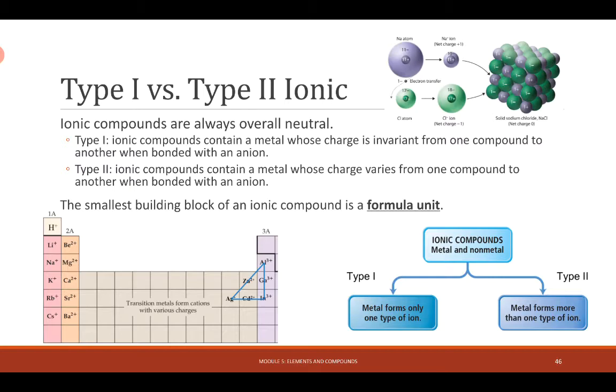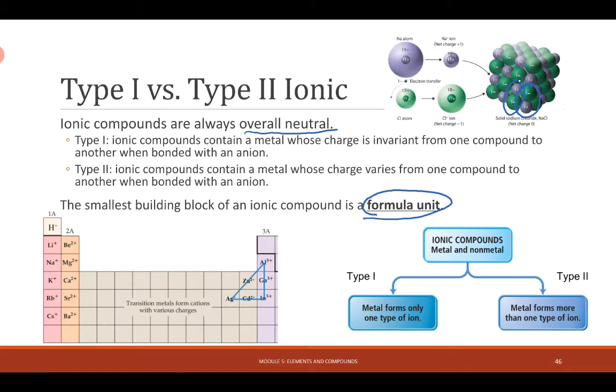So I said earlier that ionic compounds could be further subdivided into either type 1 ionic or type 2 ionic. But what you need to know is that ionic compounds are always overall neutral. And so even though you are forming cations and anions, it is overall neutral. The smallest building block of an ionic compound is called a formula unit. That's going to show us what the smallest building block is.